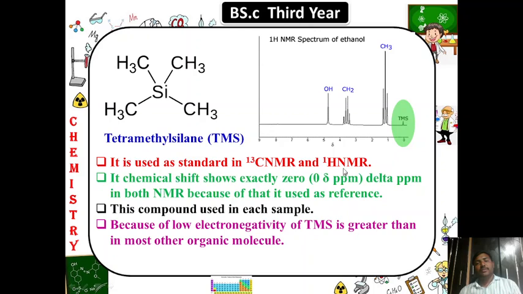In an NMR spectrometer, one chemical is used as a reference: tetramethylsilane, TMS. The peak arising from TMS shows at about 0, and we use it as the reference. After setting TMS to 0, we see where the other peaks come. Its chemical shift is exactly 0 delta ppm in both proton and carbon NMR, which is why it is used as a reference.